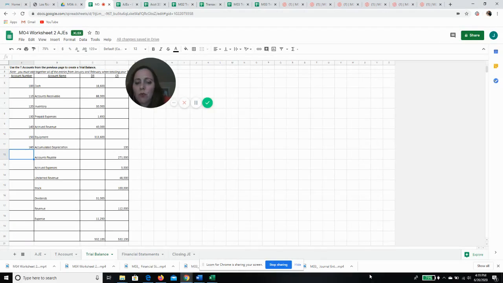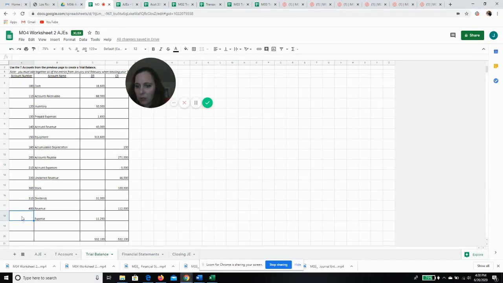So I'm going to start over with 200, and then I'm going to go 210 for accrued expenses, 220 for accrued revenue. That's it for my liabilities. So now I'm going to go to stock, which I'll call 300, dividends, which I call 310. And then remember, I want to give my own revenue and expenses each their own numbering sequence, and I'm about to show you why. All right, so revenue is going to be 400, and expenses are going to be 500.